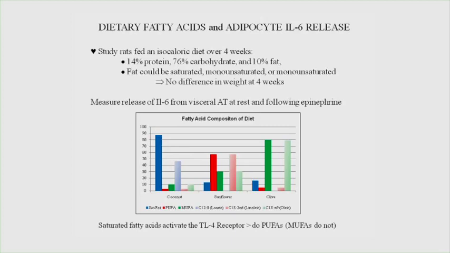Now, saturated fats will activate the toll-like receptor on monocytes and macrophages, adding to the hair trigger. Polyunsaturated fats don't do it as much. Monounsaturated fats don't do it at all. So they're all the same weight.